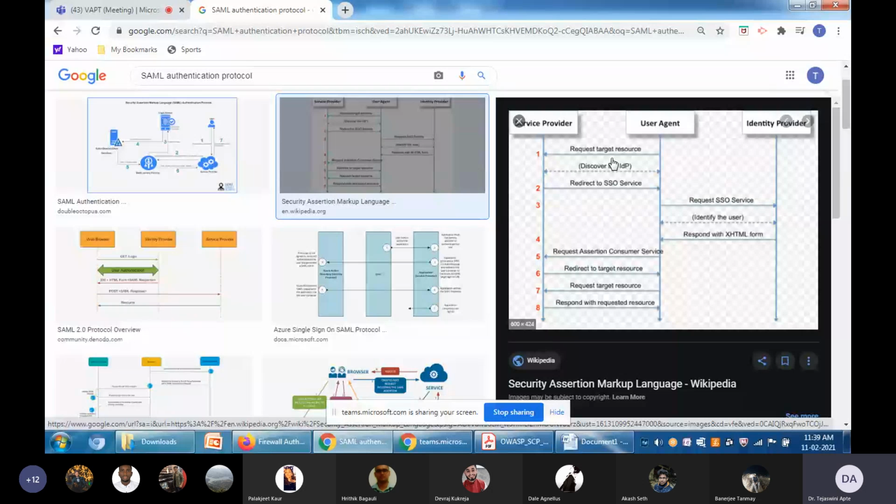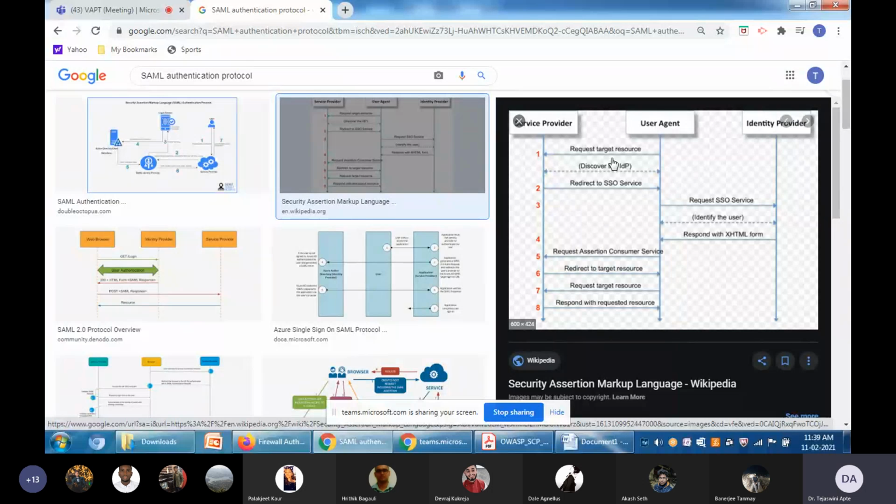So the vulnerability chances depend on how secure your network is, how easy it is to go through the SAML response, and how the credentials are passed through SAML. I do not know whether you have gone through REST or SOAP.